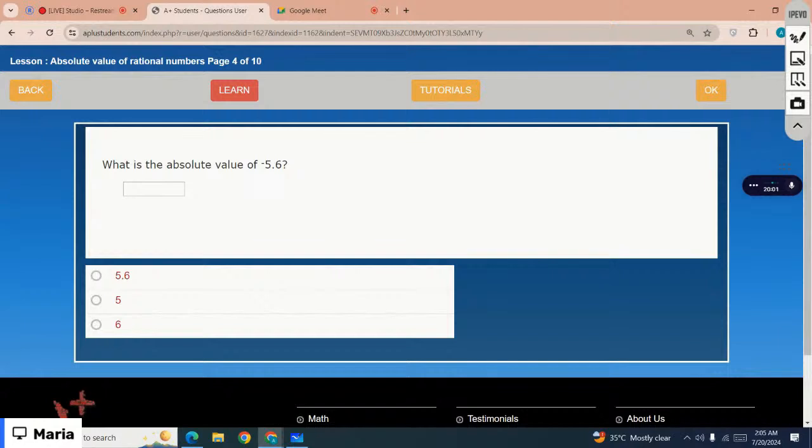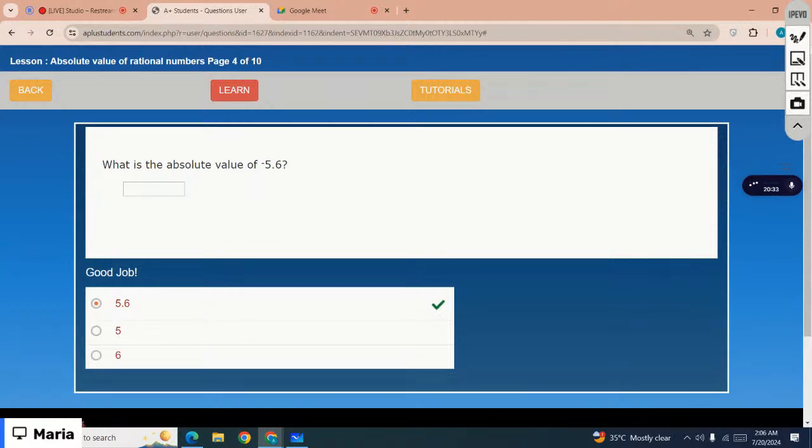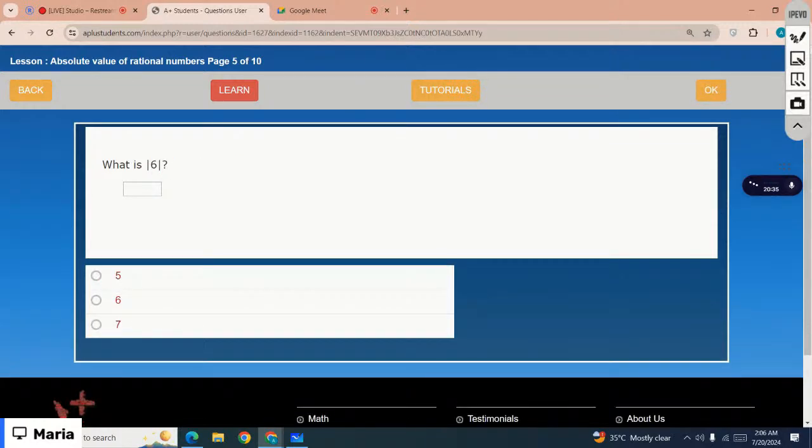What is the absolute value of negative 5.6? So, which is the correct option? Yes, that is 5.6. Option number 1 is the correct option. Very good. What is the absolute value of 6? Which is the correct option?